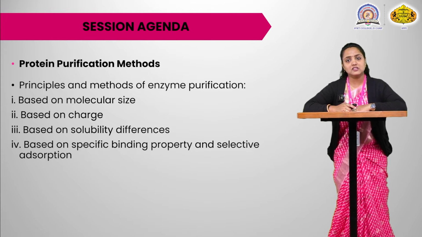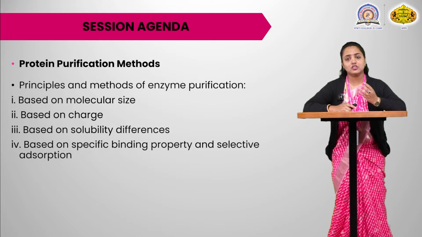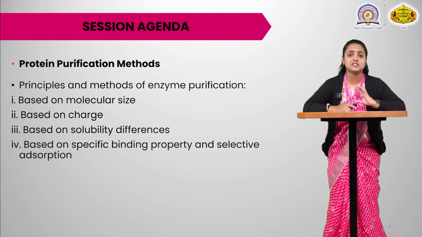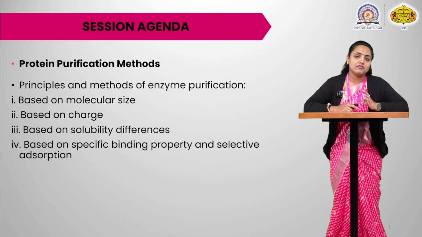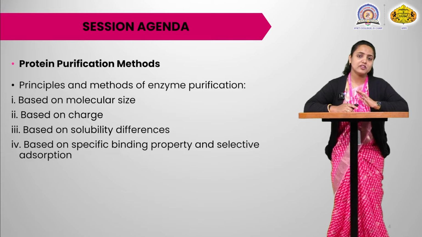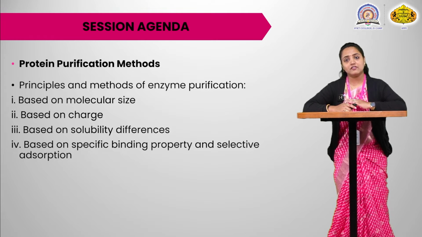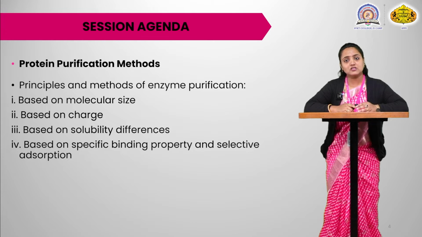And the last one is the specific binding property, such as the antigen antibody reaction or the enzyme substrate reaction, which is very specific. It requires a specific type of molecule. So in this topic, specific binding, we are going to see about the affinity chromatography, in which we are going to use various matrices.